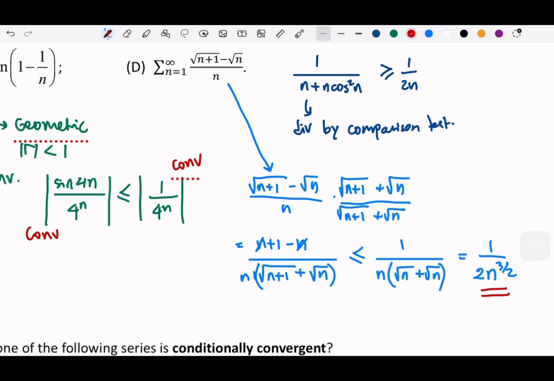And since this is in terms of the p-series, the 3 over 2 is greater than 1, right? So this will be a convergent series, right? Converge. And since this is less than this convergent series, this will also converge. So this will converge.